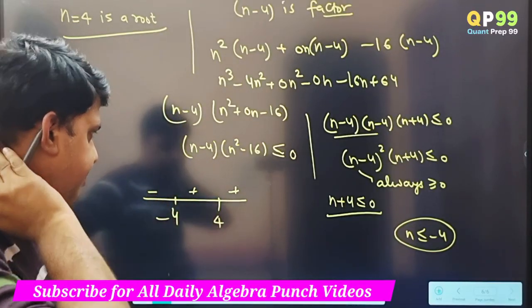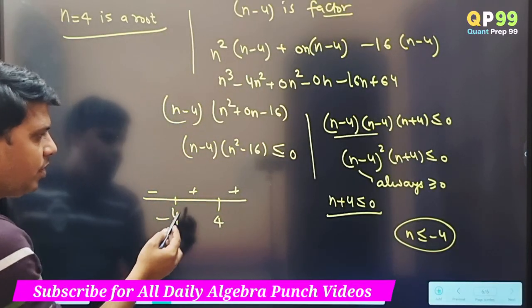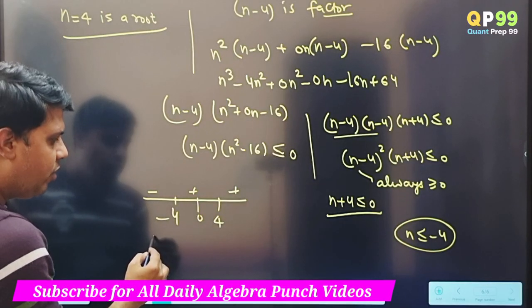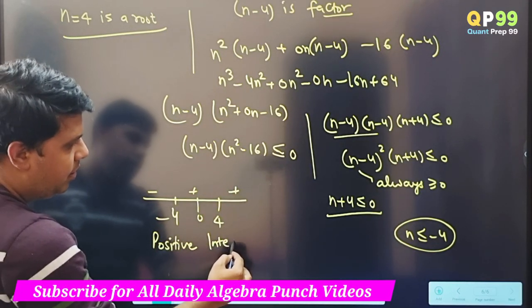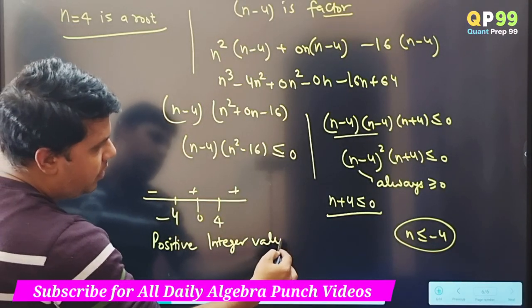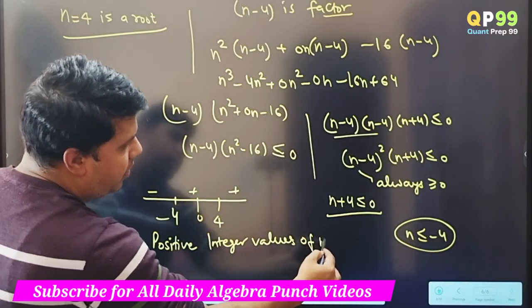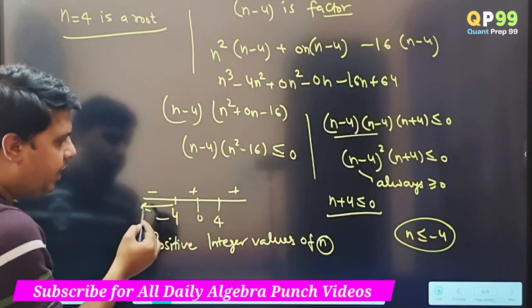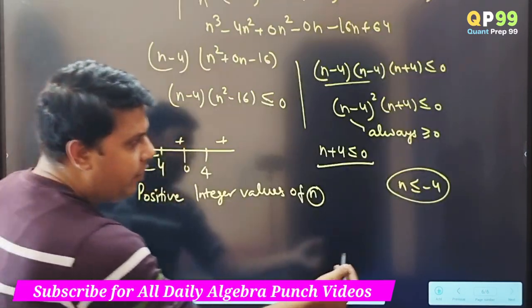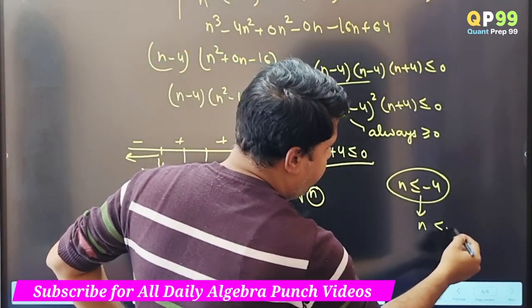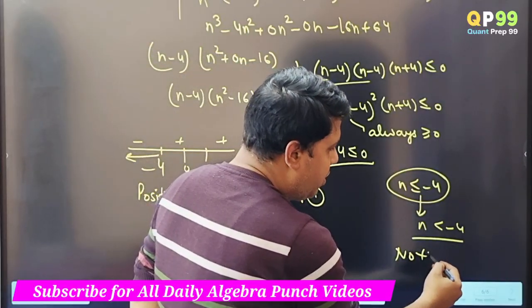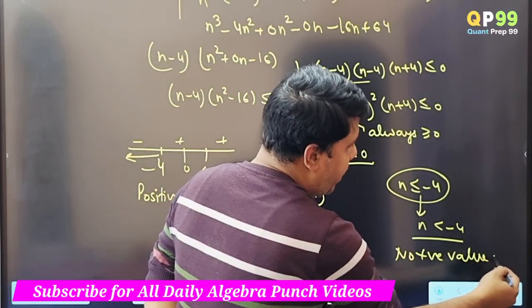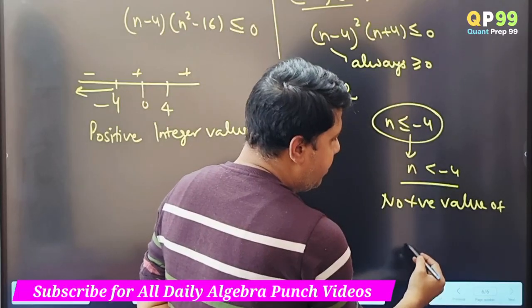So it has to be 0, but I want positive integer values of n. So if I say n is less than minus 4, no positive value of n exists.